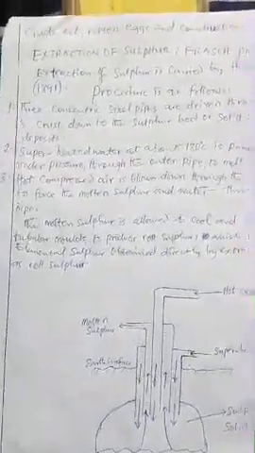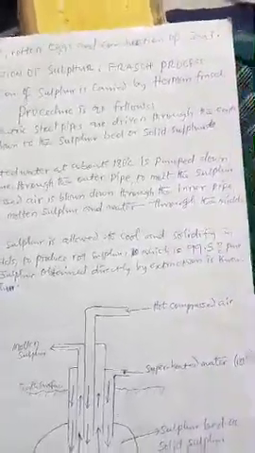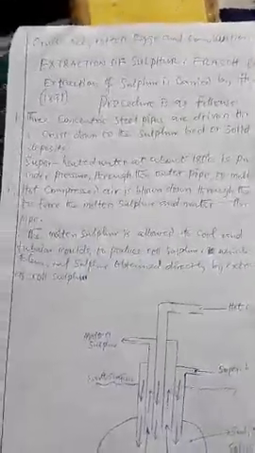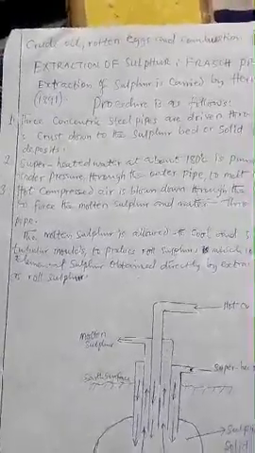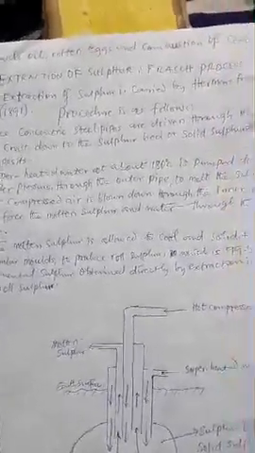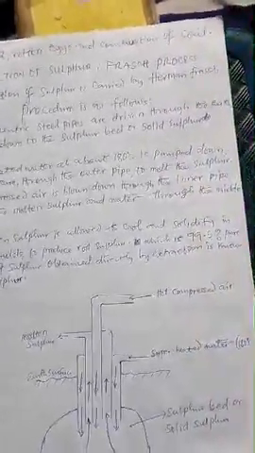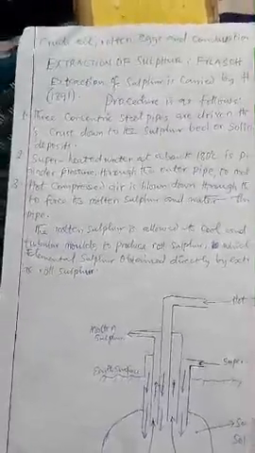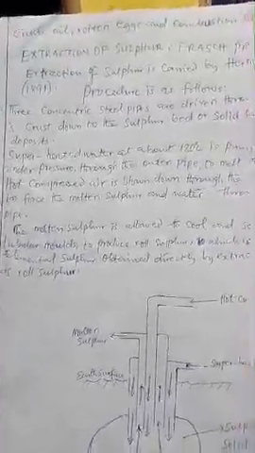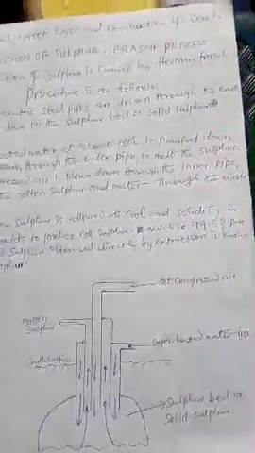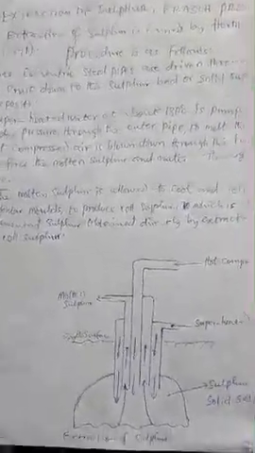The molten sulfur is allowed to cool and solidify in tubular molds to produce raw sulfur, which is 99.5% pure. Elemental sulfur obtained directly by extraction is known as raw sulfur.